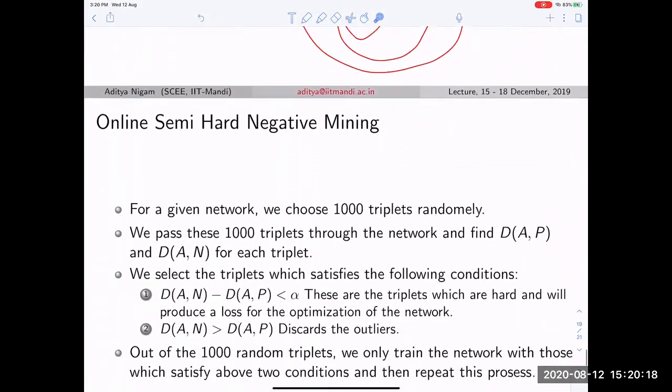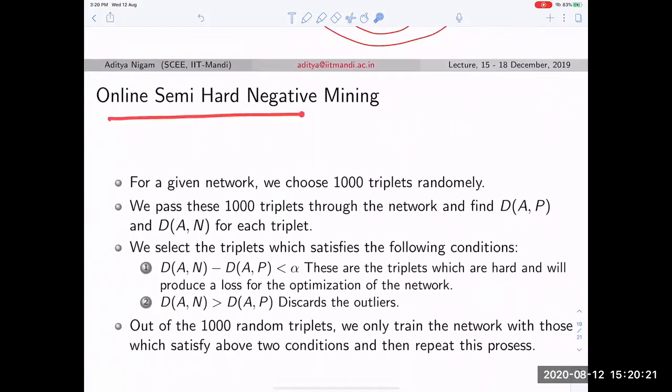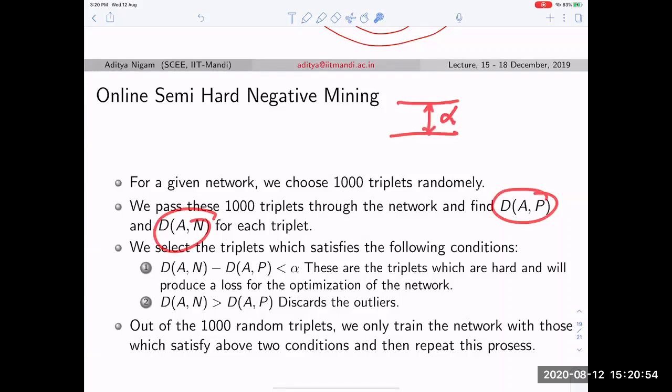That is why we usually take semi-hard negative mining, which is again a very, very simple thing. You just choose first of all 10,000 or 1,000 triplets randomly. Take these 1,000 triplets, show them to your network, find out the positive and negative values, and see what are those triplets in which this guy and this guy are close to each other, closer than alpha.